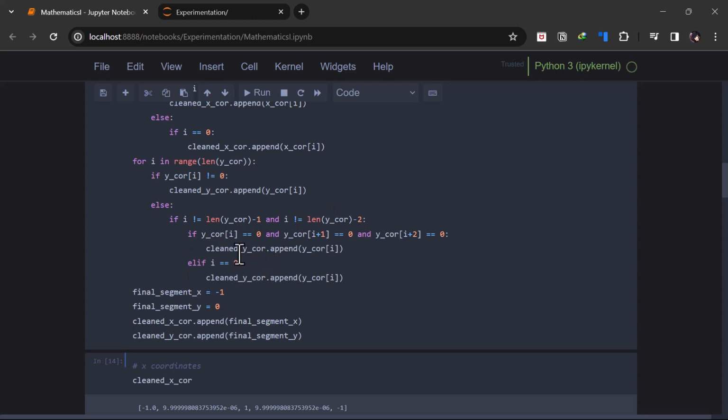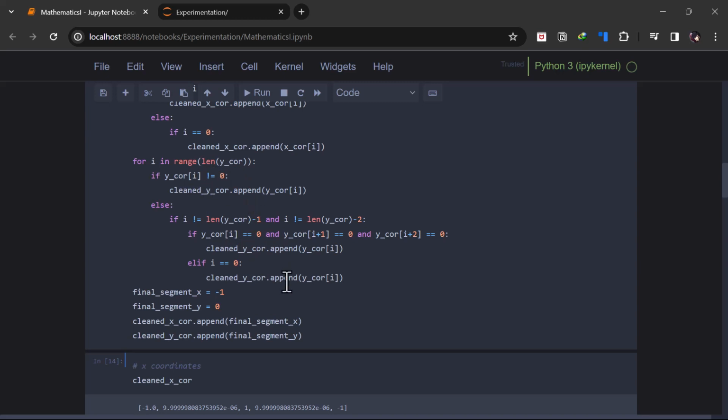And what condition am I applying? The condition that we discussed on the whiteboard: if y of I equals 0, and y of I plus 1 equals 0, and y of I plus 2 equals 0, then append one of the zeros, that is, append y of I, 0. So we are not appending all of the zeros, but only some specific zeros.